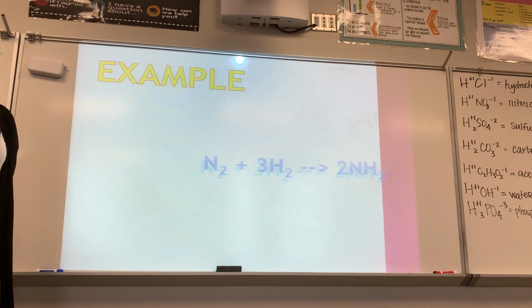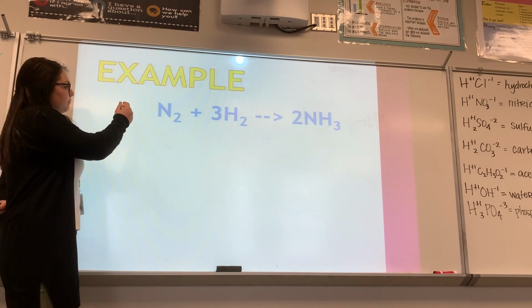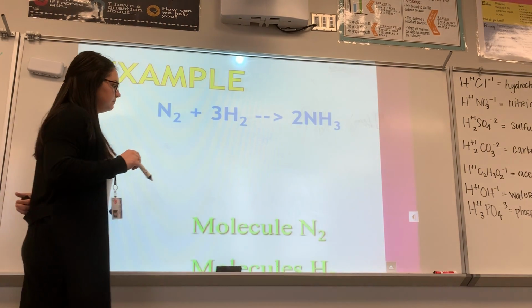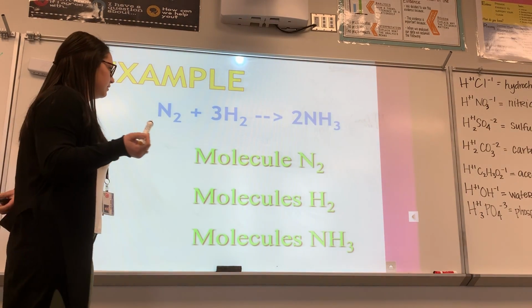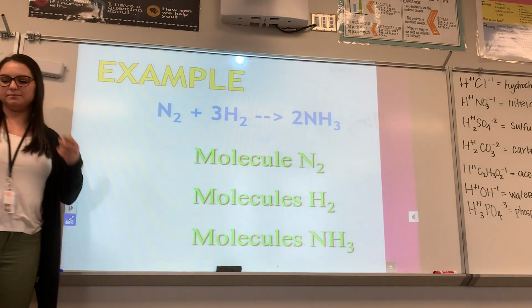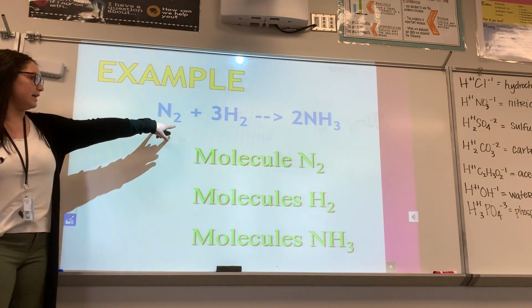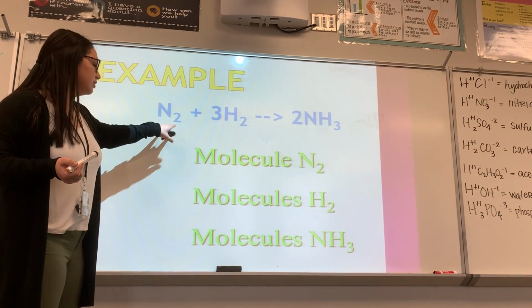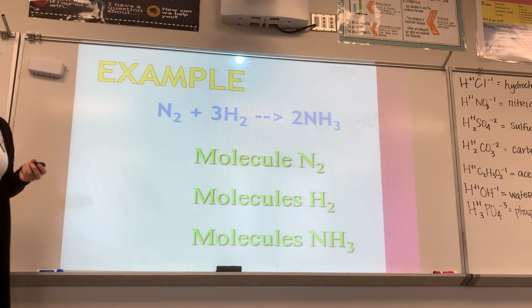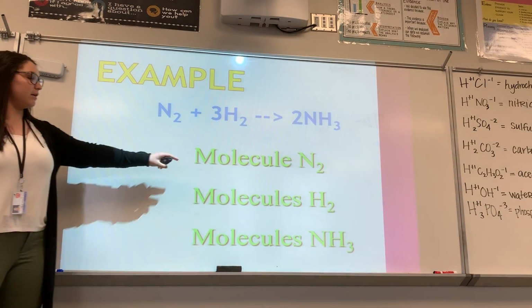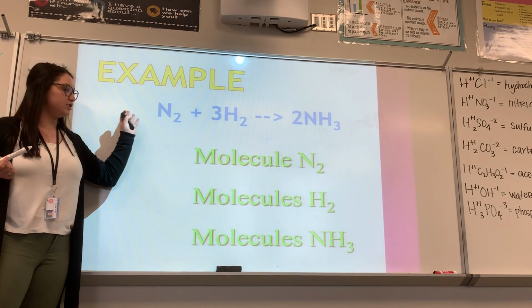Another example, using that same exact balanced equation, how many molecules of each of these do I have? Molecules is how many of this one molecule I have. How many of the whole compound do I have? To solve our molecules, we look at our coefficients.